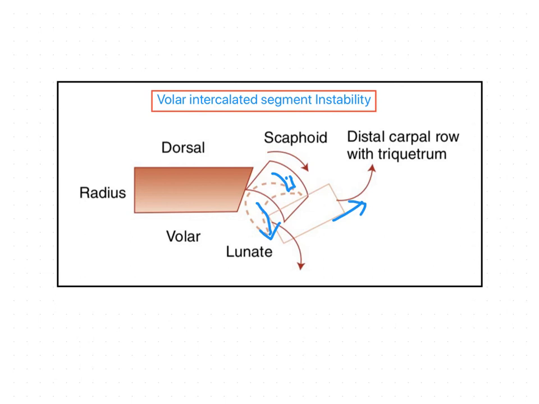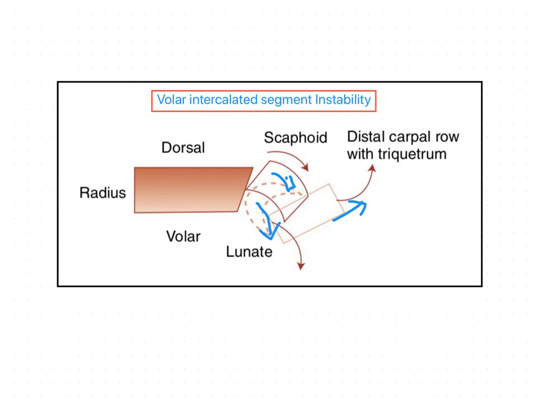These problems help us understand the importance of the proximal carpal row stabilization to wrist function, and also the maintenance of the scaphoid as the bridge between the distal carpal row and the other bones of the proximal carpal row.